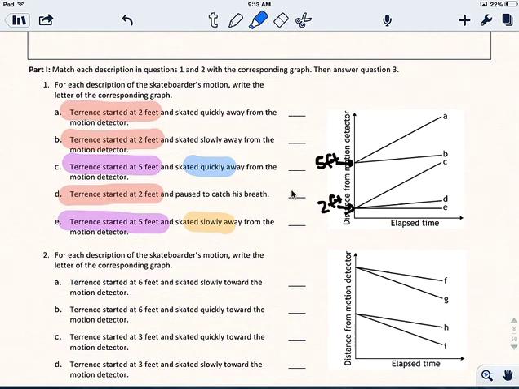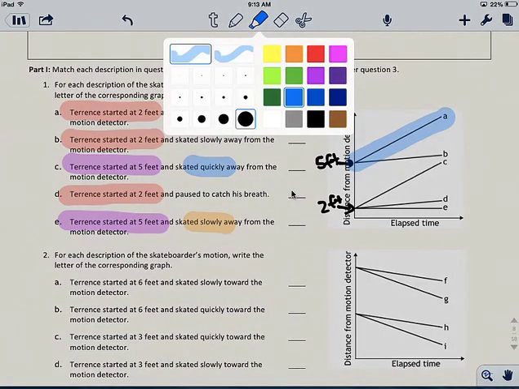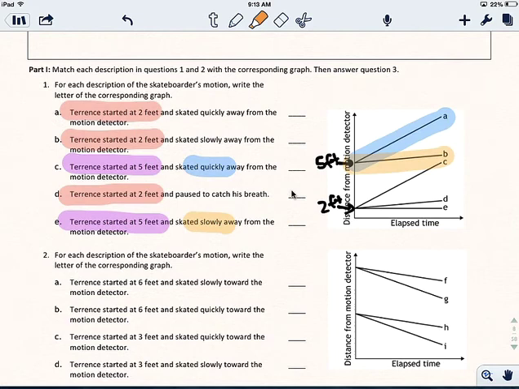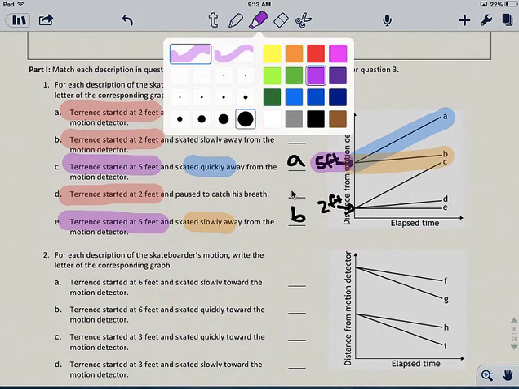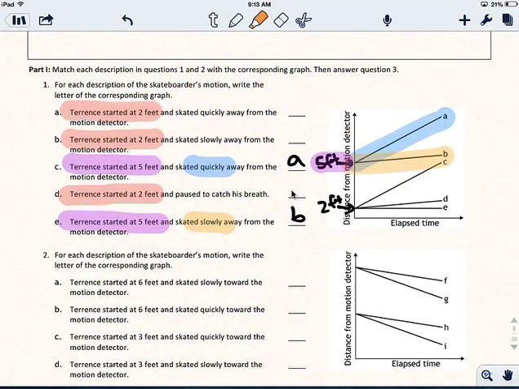So if he's moving quickly, that means his graph has to be steeper. And so A is steeper than B, and so B is the one that's going more slowly. And so I'm going to put A here for the quick one and B here for the slow one. And I'll do a little bit more highlighting to make the picture complete here. I used red.